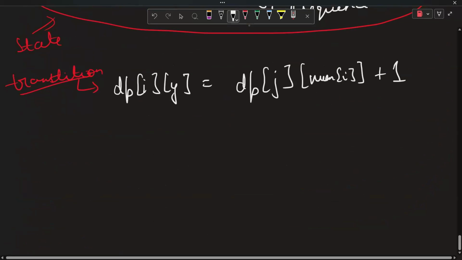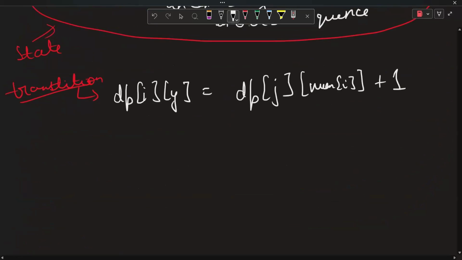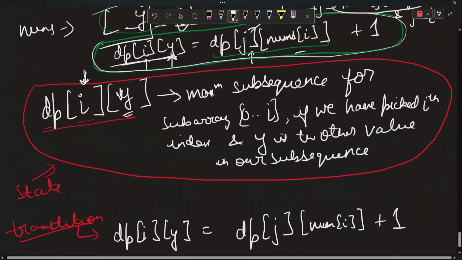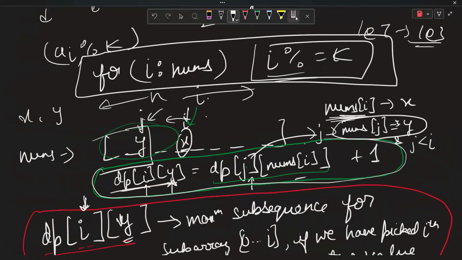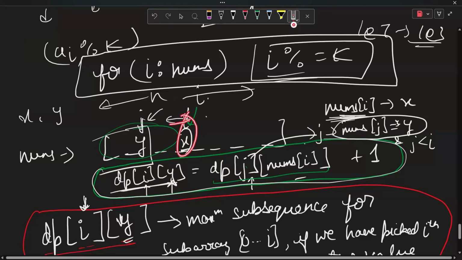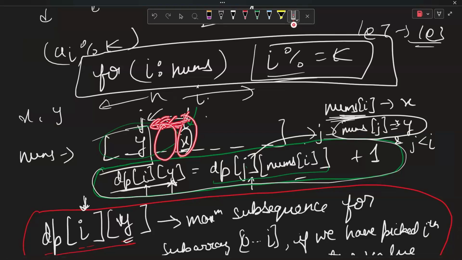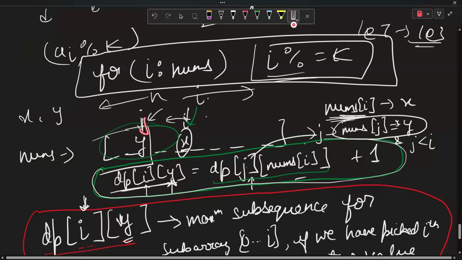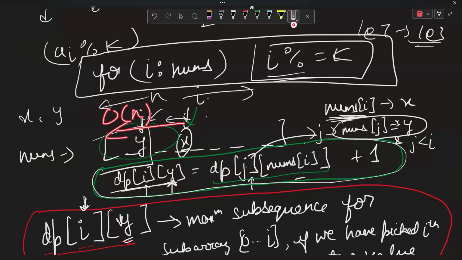One way to find this j is, if you are at index i, just go to i minus 1, i minus 2, i minus 3, likewise. Whenever you find that nums[j] is y, that would be your j. But this may take O of n time for the transition.